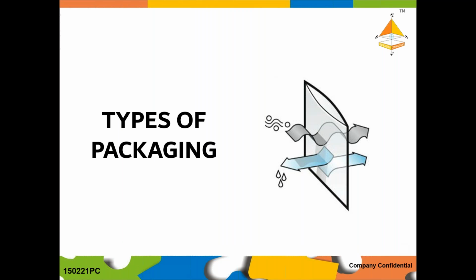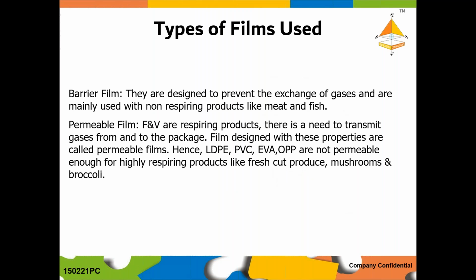Types of packaging. There's a permeability you can see, and it depends on the different types of packaging. The barrier films are designed to prevent the exchange of gases and are mainly used with non-respiring foods like meat and fish.